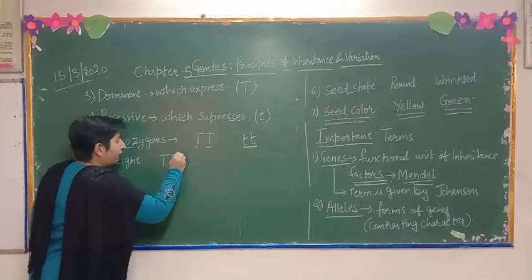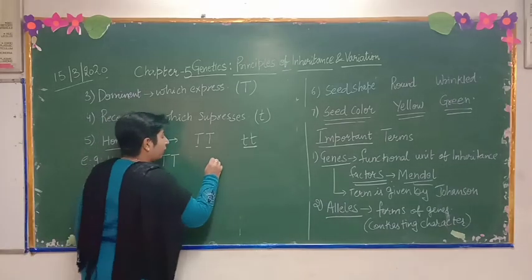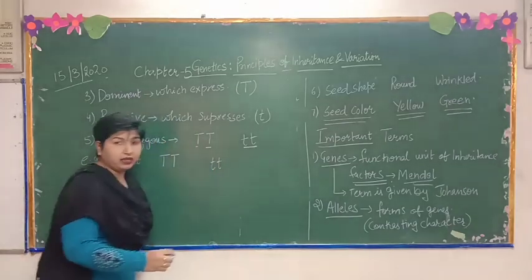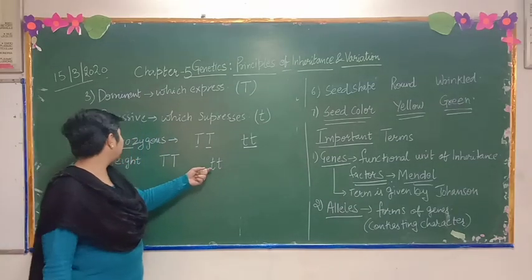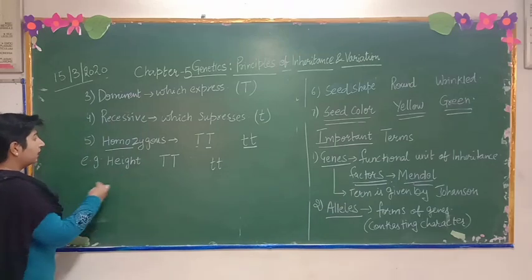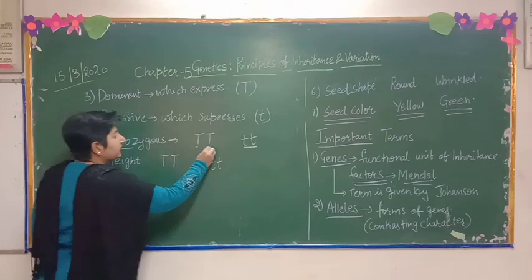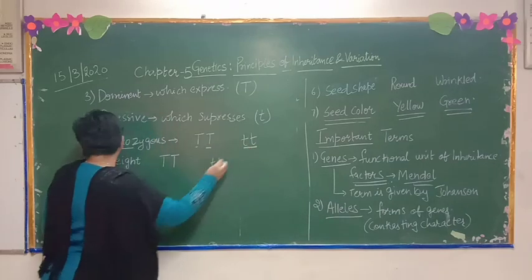For tall, if we take capital T, then for dwarf we do not take D, we take small t. Right? So this is height as an example. Next, homozygous. This is a homozygous tall and this is homozygous dwarf.